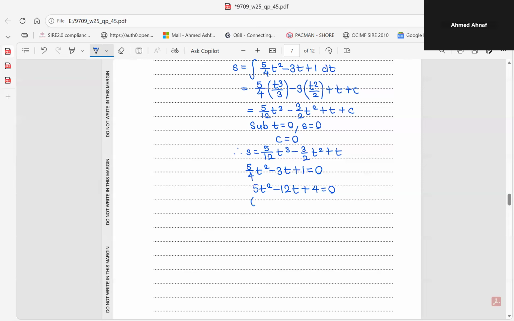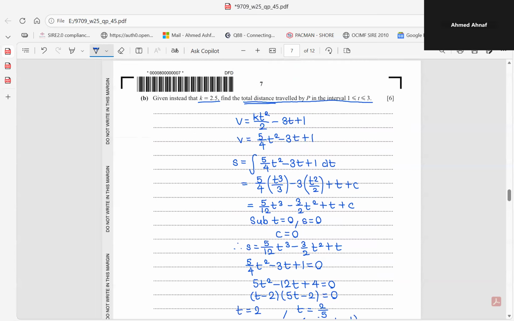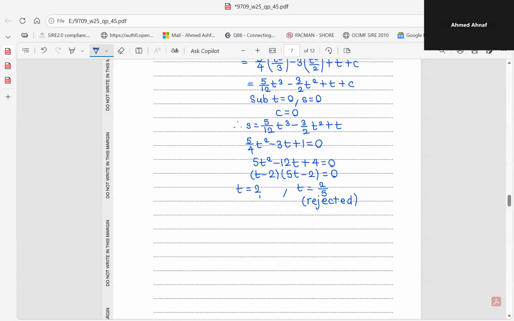Then you would get t minus 2, then 5t minus 2. So you would get t equals 2 and t equals 2 over 5. I think we can reject this because we're not interested in this time. We're only interested in the times between 1 to 3. So this is instantaneous rest. I should write here sub v equals 0.